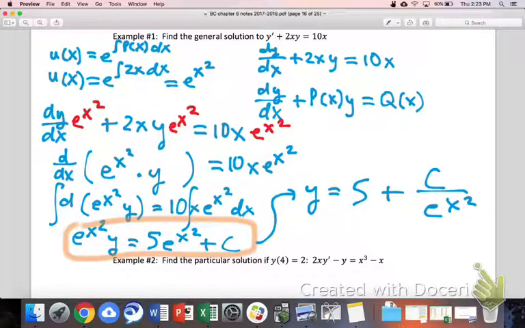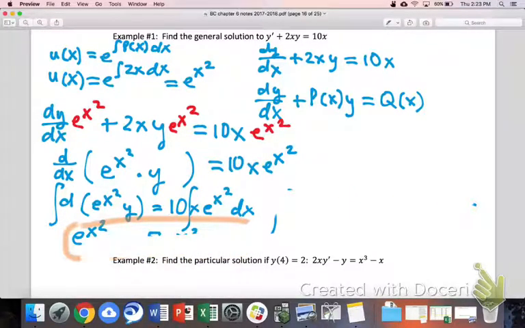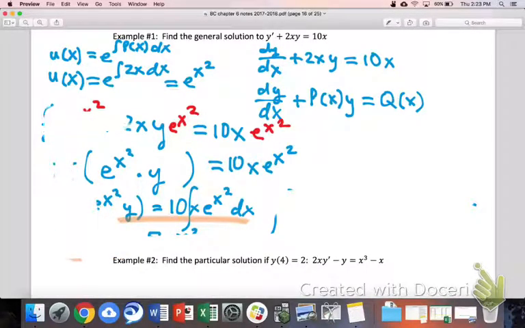I'm going to erase some stuff and show where that formula would come into play. The formula is going to feel a little shorter. I just want to show you a process to actually get there instead of the magic formula. So I'm going to erase all of this stuff.